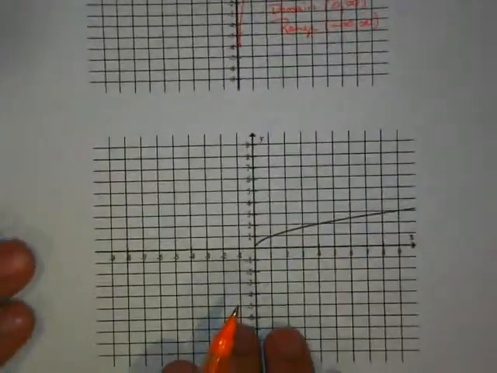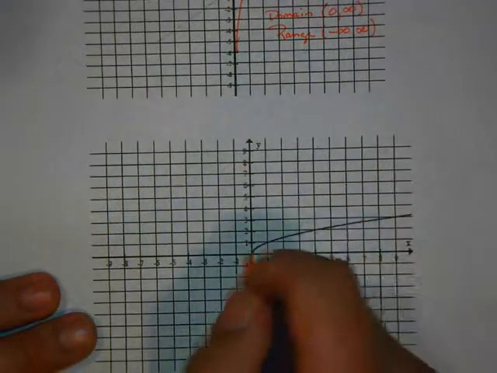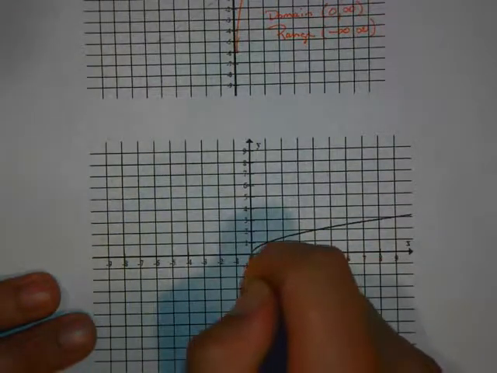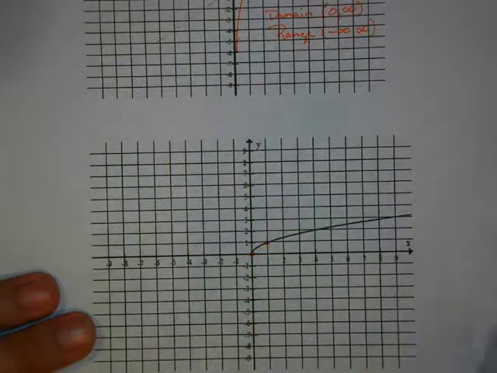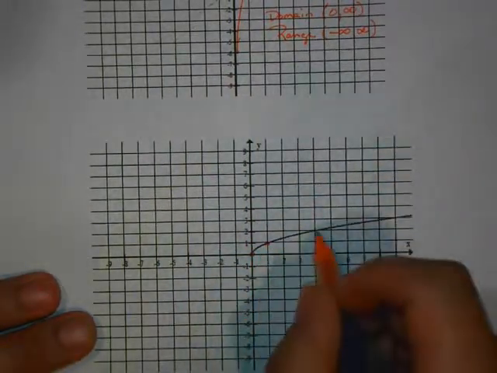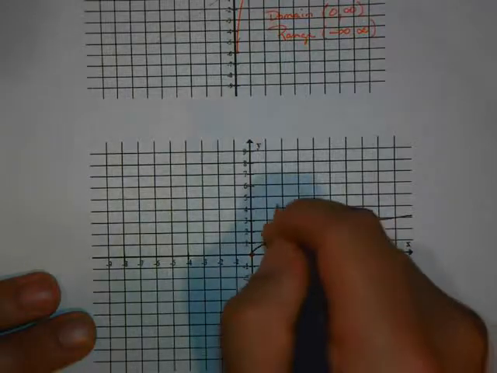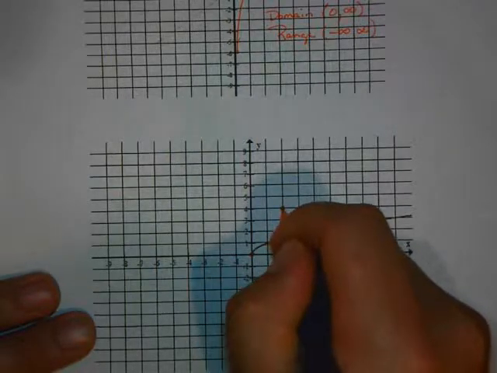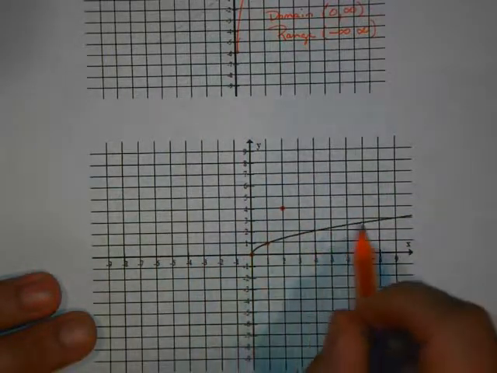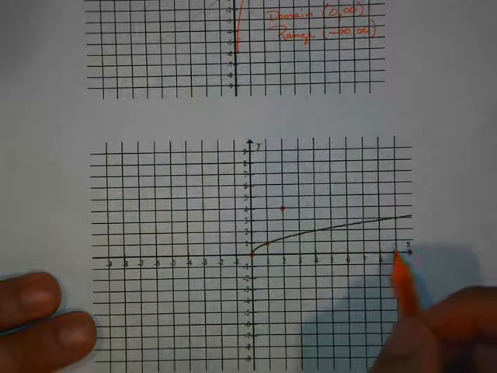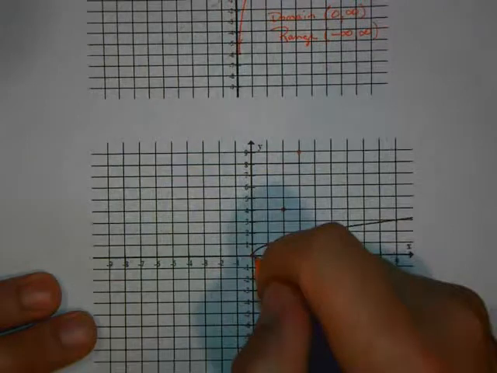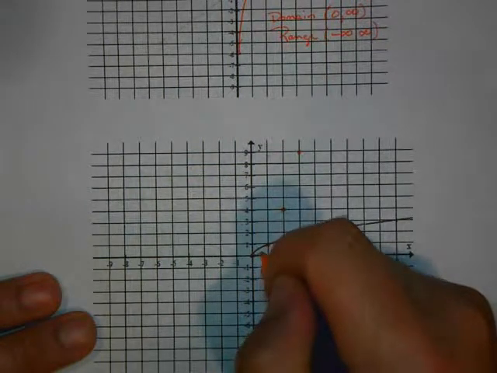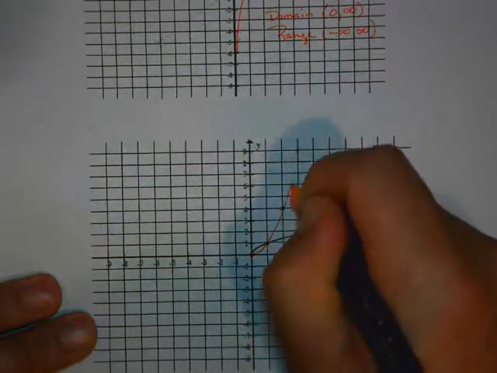And we could do the similar down here. Notice (0, 0) is still going to be there. (1, 1) is still going to be there. Looking for another nice one. Here's (4, 2), so it's going to be (2, 4). Is there another right here? (9, 3) is going to be (3, 9). And what you're going to have is half of a quadratic.